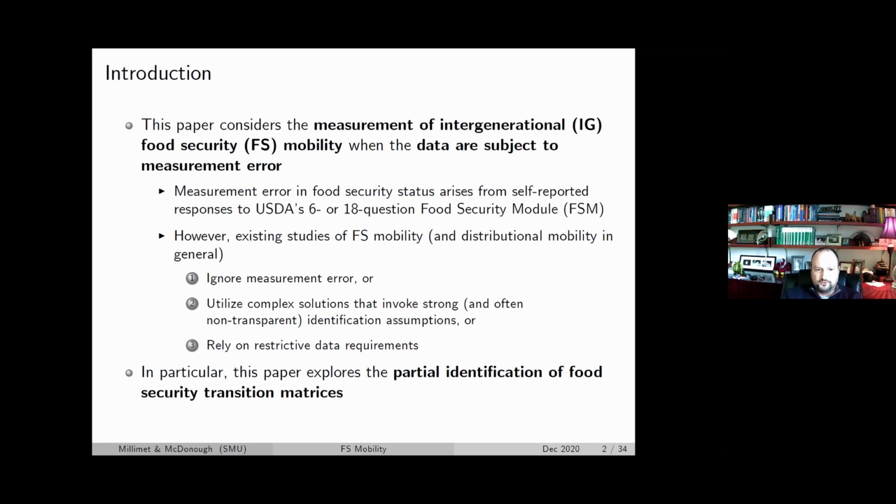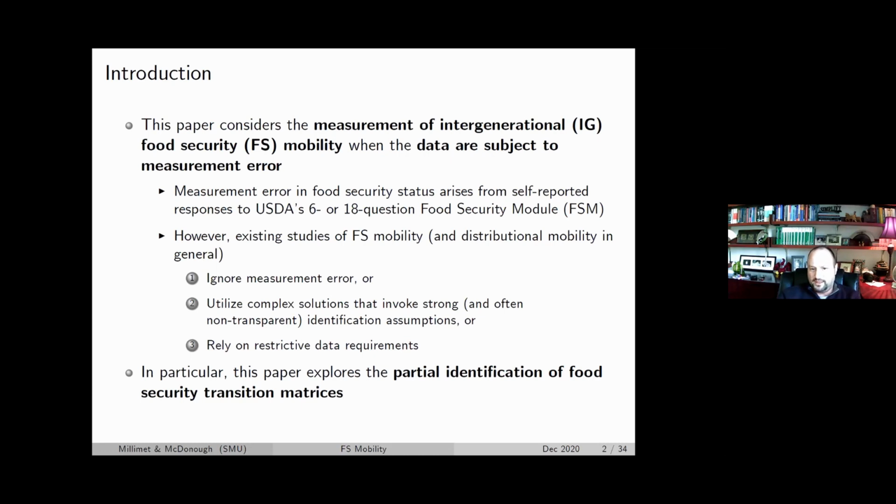And the basic idea of food security, like I said, is more than just hunger. It's also trying to get at stress and worry in the household that's related to food, whether or not they're worried about food running out, whether or not they have to skip meals occasionally in order to save money, things of that nature. All right.